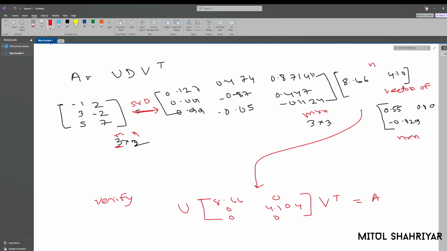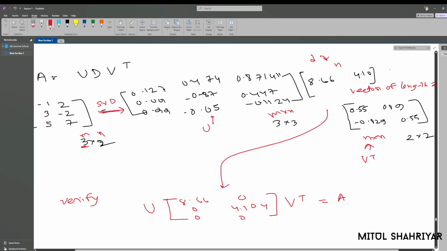Isn't this what we got? You see, we have a 3 into 3 matrix, no problem. We have N, which is 2 values, which is small d, right? This was U, this was our small d, and this was our V transpose, which we got here, something like 0.55, 0.89, so a 2 into 2 matrix.